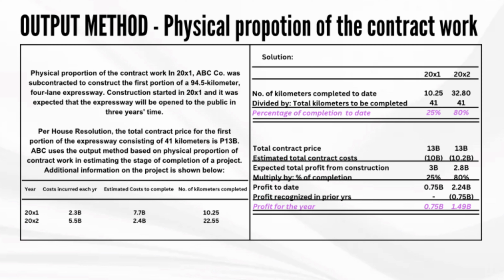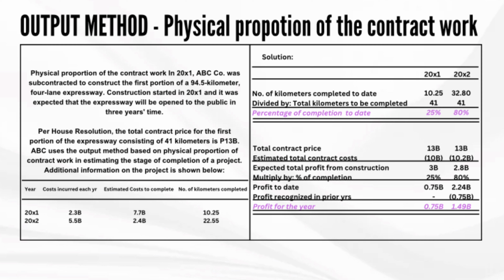Next, for profits, which is stated below the percentage of completion to date, total contract price less estimated total contract cost will give you expected total profit from construction multiplied by the percentage of completion. That will give you a profit to date less the profit recognized in prior years.